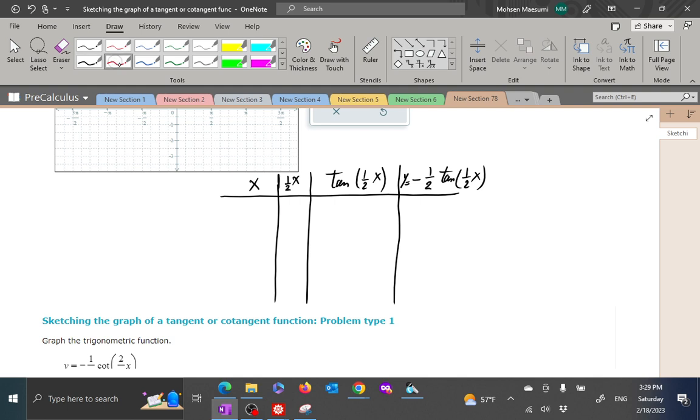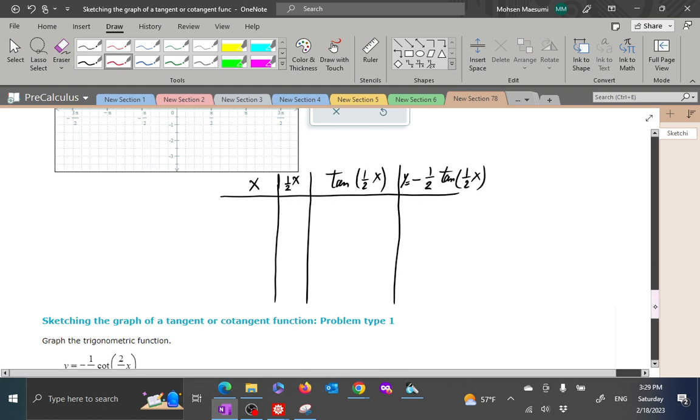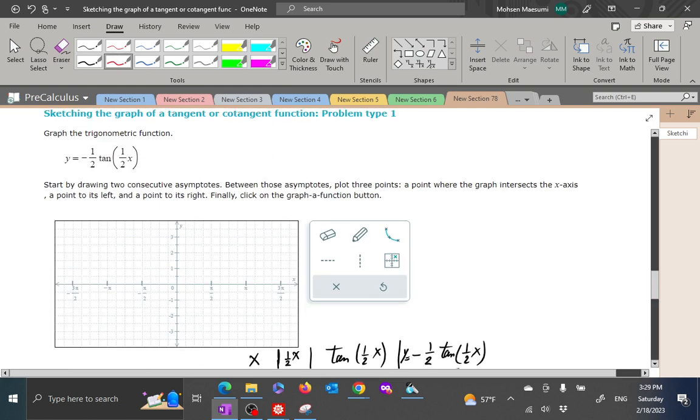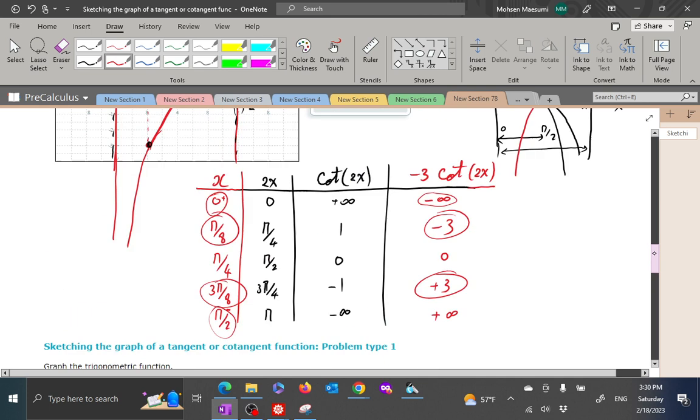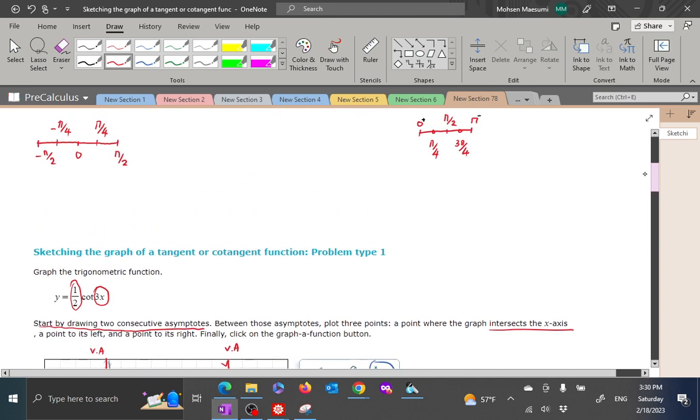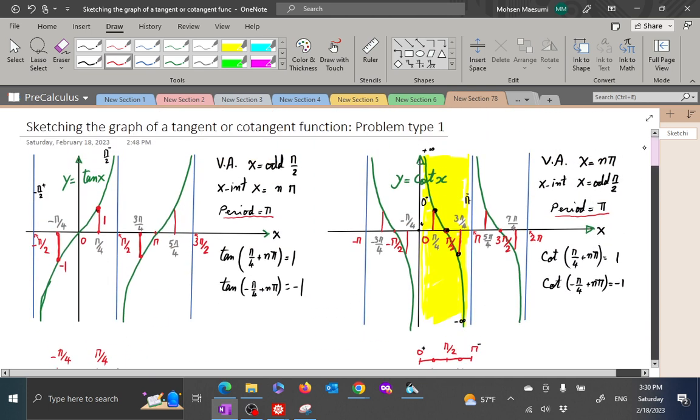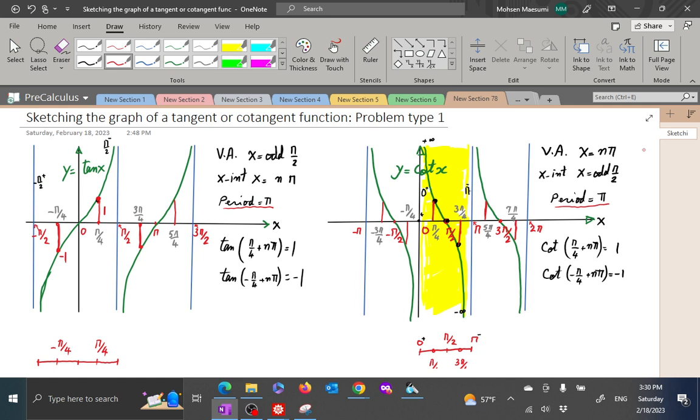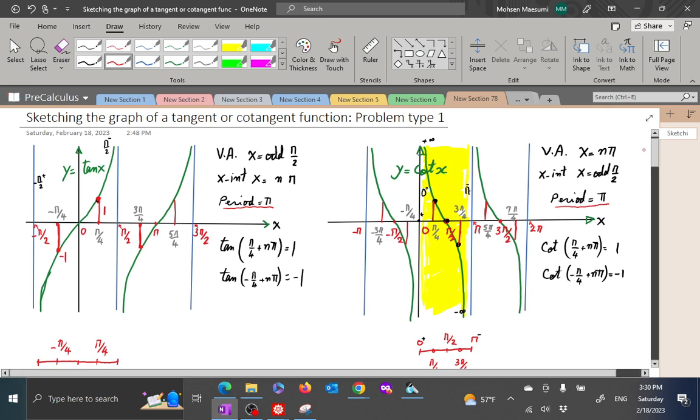For tangent, it says draw 2 consecutive asymptotes, and the way it is laid out, we are limited to the original left and right asymptotes. There are lots of them. The window of that software just has these 2 available to us, not the whole set.